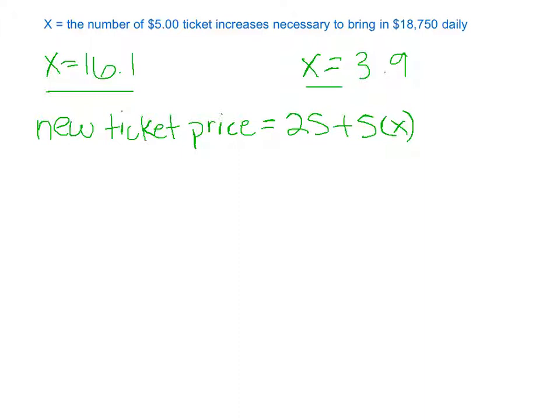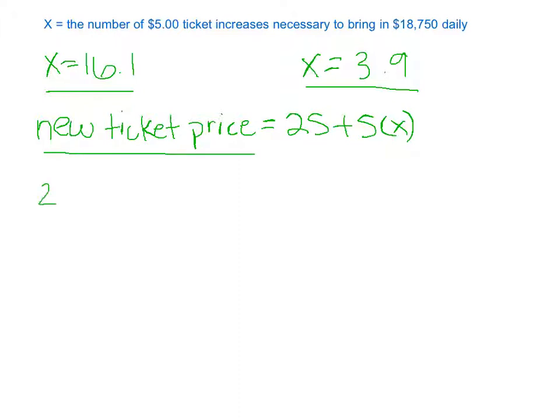And our other x value means there's a possible 3.9 number of $5 ticket increases necessary to bring in $18,750 daily. So in order to find our possible new ticket price, we need to plug our x values into the new ticket price equation.